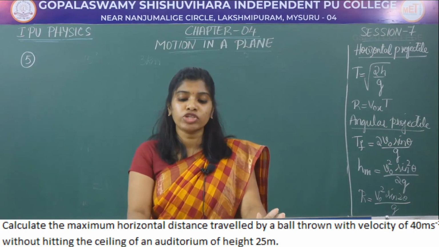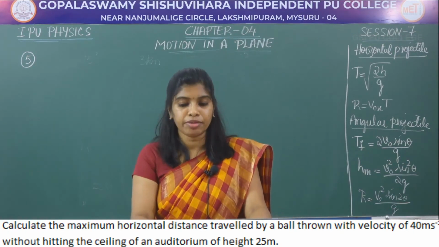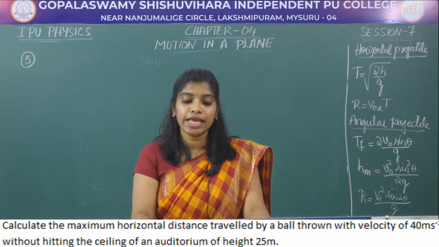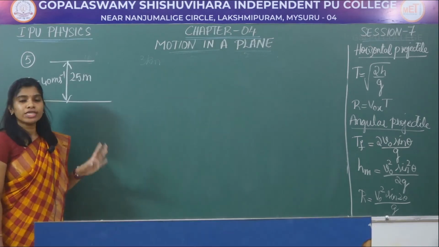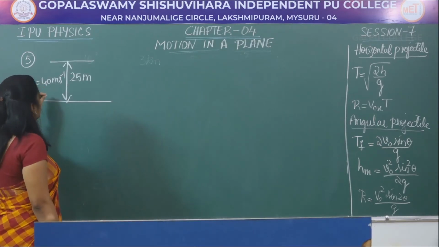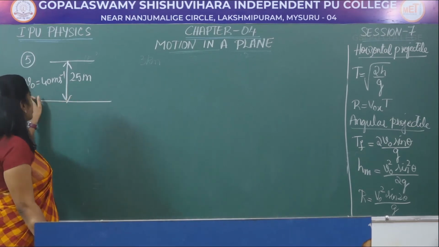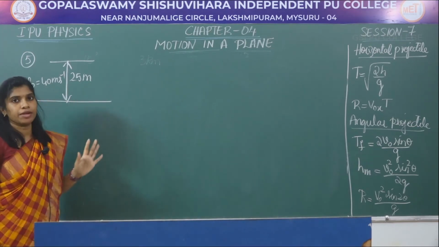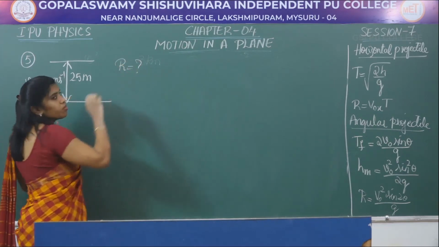Calculate the maximum horizontal distance travelled by a ball thrown with a velocity of 40 meter per second without hitting the ceiling of an auditorium of height 25 meter. The question says that a ball is thrown inside an auditorium with the initial velocity 40 meter per second. What is the horizontal range of this ball?